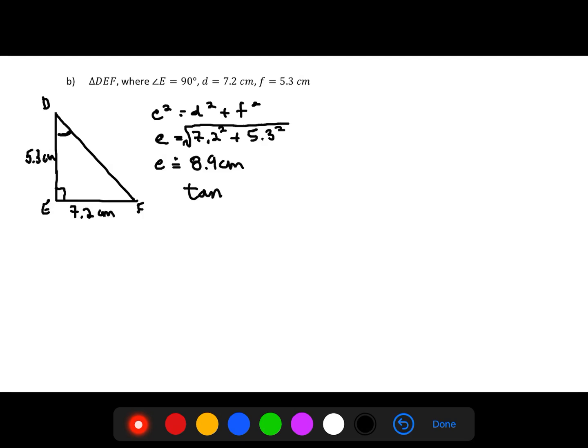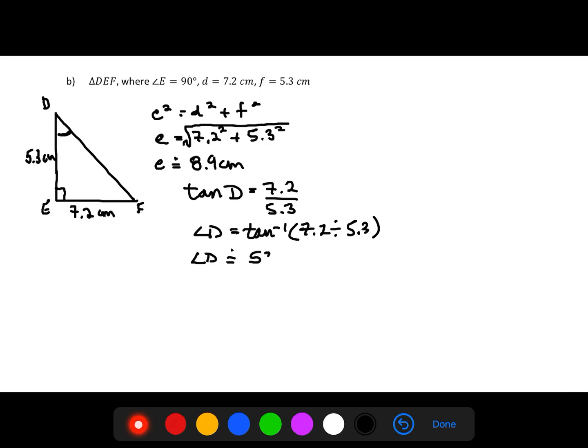Taking a look now at side D. From side D, we have opposite and adjacent, so we're going to use tan. So tan of D is equal to 7.2 over 5.3. And again, to calculate angle D, we're going to do our inverse tan of 7.2 divided by 5.3.